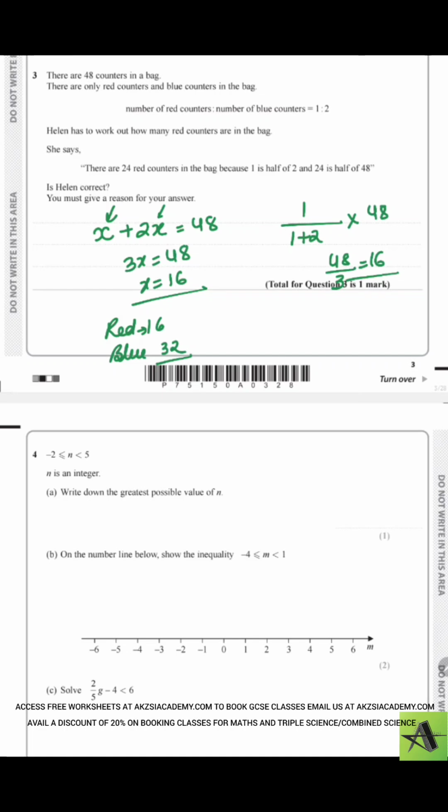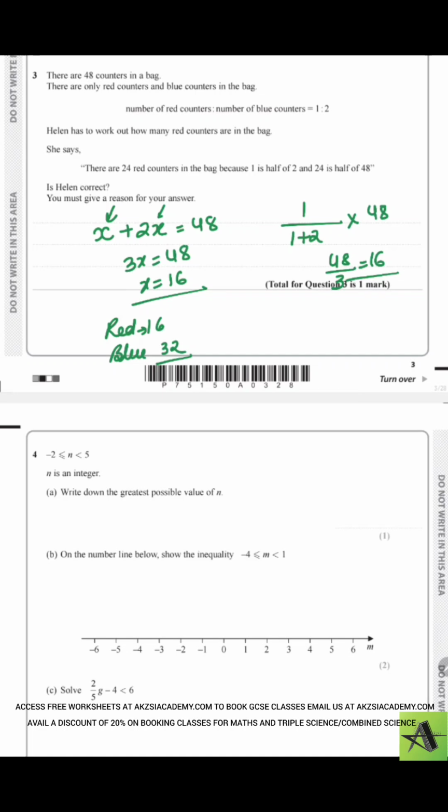But she says that there are 24 red counters in the bag because half of 48 is 24. So what she's doing is dividing by 2 and multiplying. No, we have to do 1 divided by the sum of the ratios.